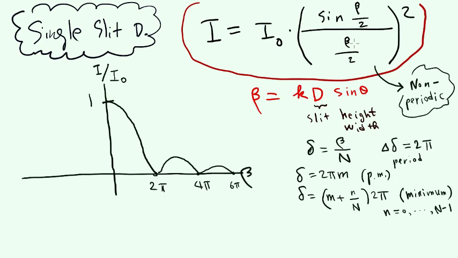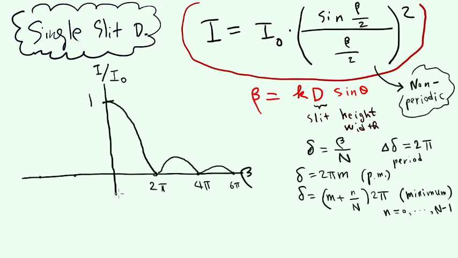And as beta goes to a large number, you can see that the denominator increases whereas the numerator has a magnitude that is bounded by 1. So you expect that these peaks gradually become less and less high.